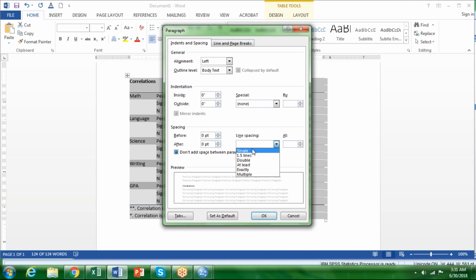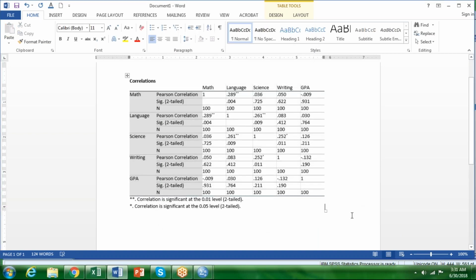Line spacing should be single, and then click OK. That should firm up your table pretty quickly.